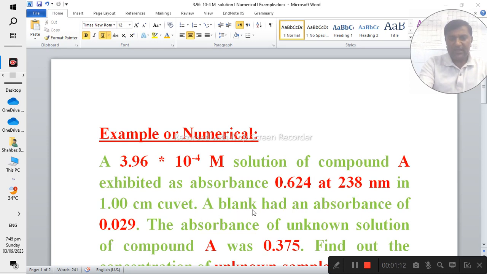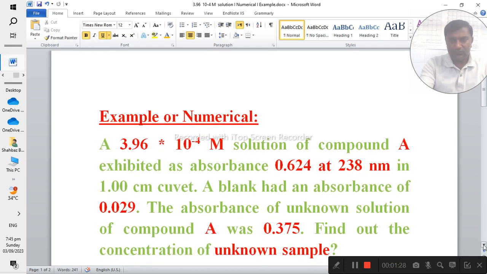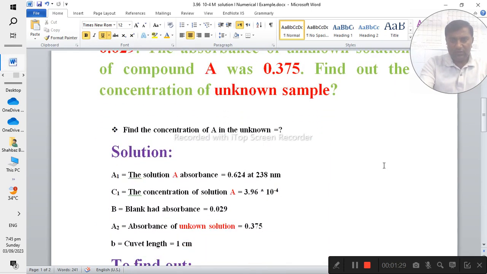A blank had an absorbance of 0.029, and the absorbance of the unknown solution of compound A was 0.375. Find the concentration of compound A in the unknown sample.